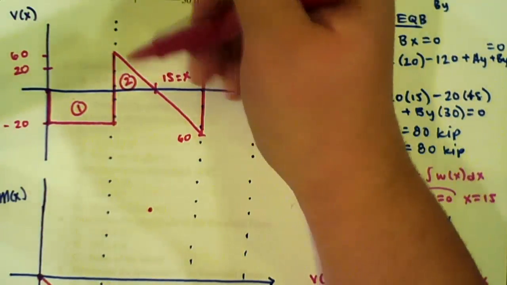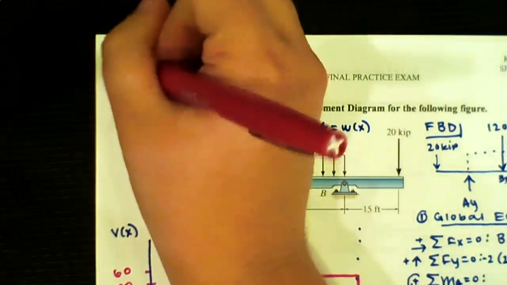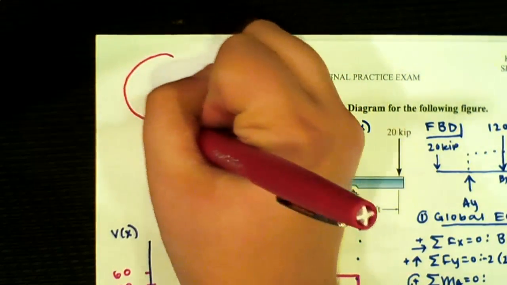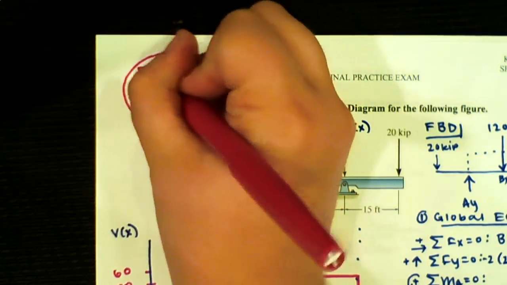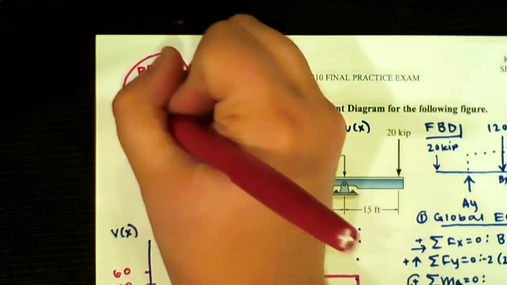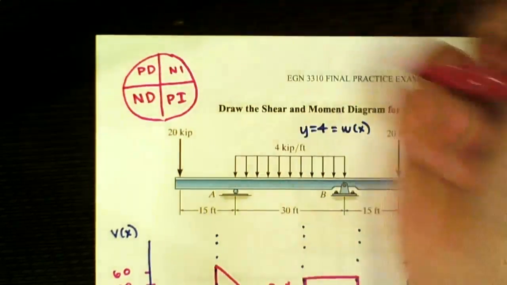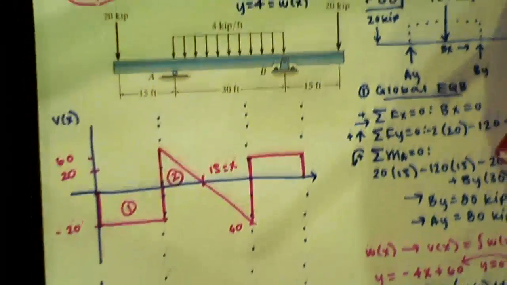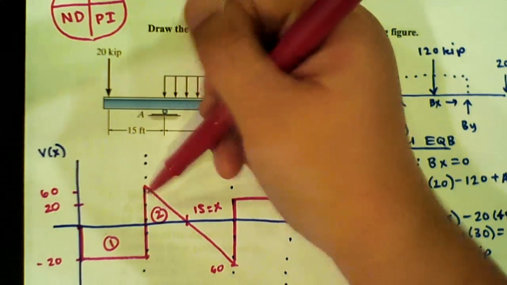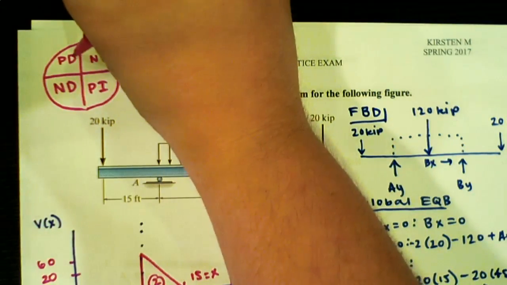Now just looking at the triangle, you can draw a circle up here to show what the concavity is going to be. And it's always, please don't neglect infants, neglect dumb people instead. In order to find the concavity of our moment diagram, you look at your shear area, and in this case it's positive and it's decreasing.